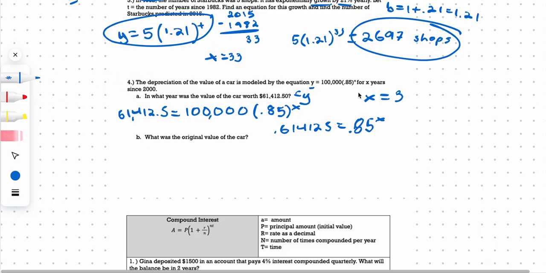So x is 3, and x is years since 2000. So we just have to remember to say 2000 plus 3. So 2003 was the year. It was about 61,000. And what was the original value of the car? Original value is A, remember? And that's just our number out here. So $100,000.